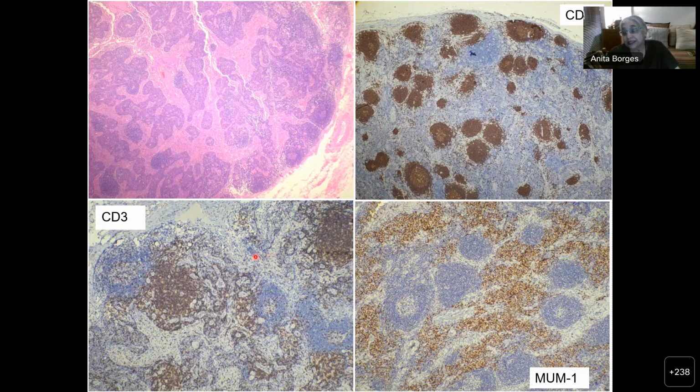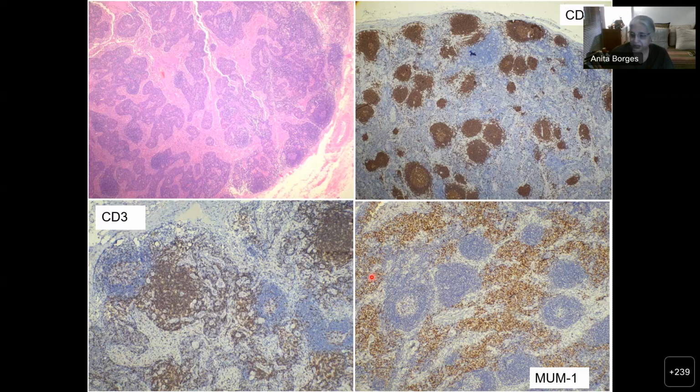Some people would call this a composite follicle. I think it's a bit ridiculous, because we talk about follicles only with respect to our B cell areas. But yes, we are recognizing more and more that there are other cells besides B cells that can form follicles.